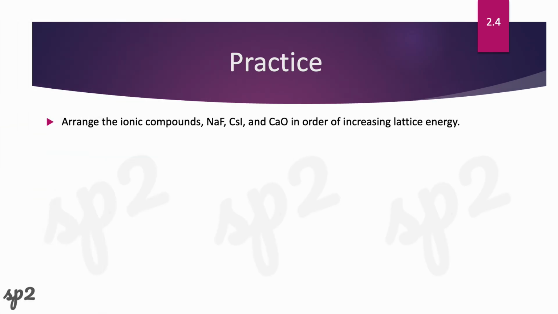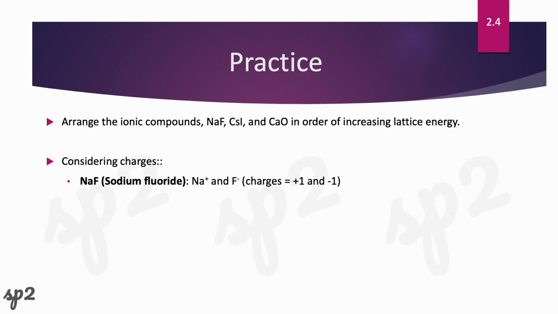Okay, so here's the question. Arrange the ionic compounds sodium fluoride, cesium iodide, and calcium oxide in the order of increasing lattice energy. I'm going to start by looking at their charges. For sodium fluoride, we have sodium and fluoride, and they have one positive and one negative charge, respectively. For cesium iodide, again, we have positive, negative charge.